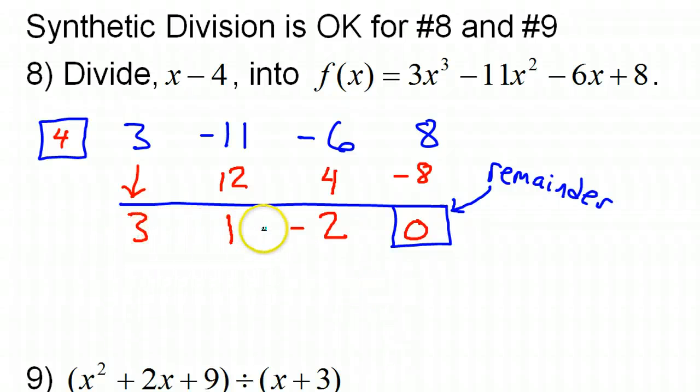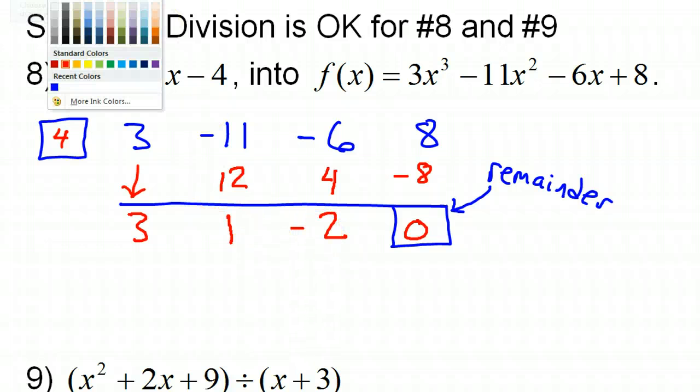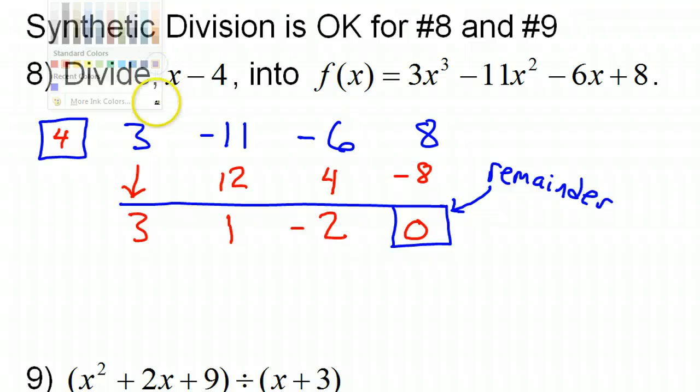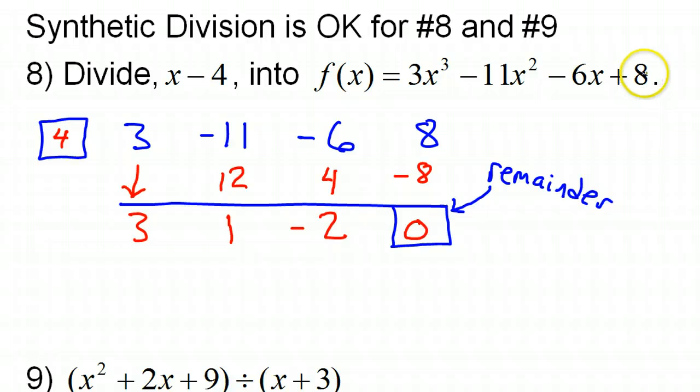So these remaining numbers here are coefficients. We need to put the variables back in. Considering this is the remainder, set that aside. That means this third number is the constant, like this 8 is a constant, this -2 is a constant.